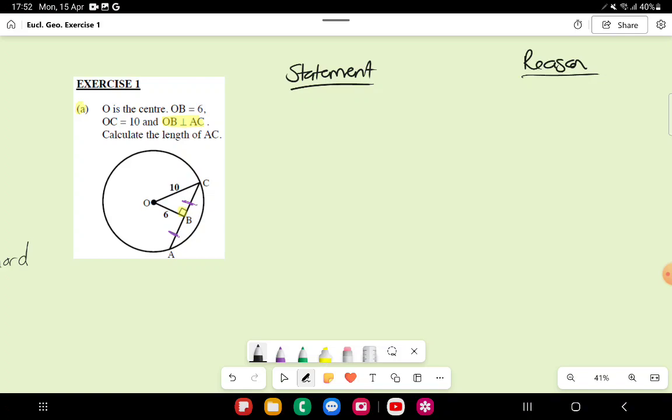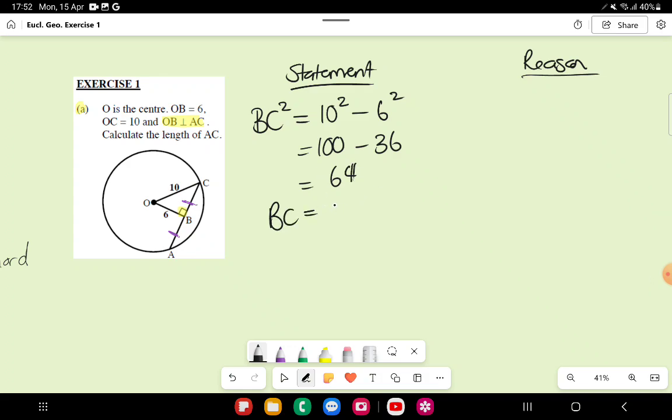I'm going to say that BC squared is equal to 10, which is OC, squared minus OB, which is 6 squared. So that is 100 minus 36, which gives me 64. So BC is the square root of 64, which is 8.